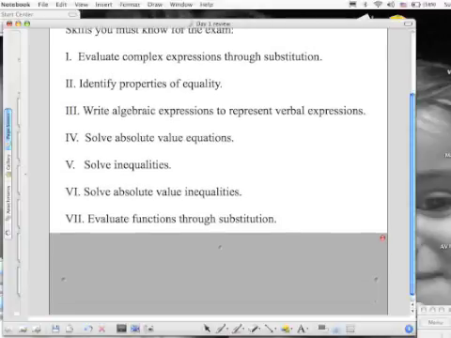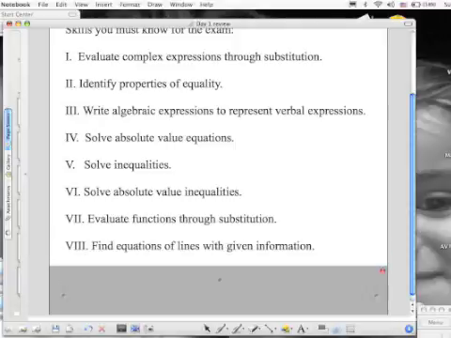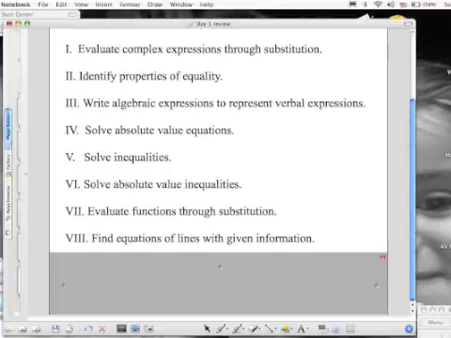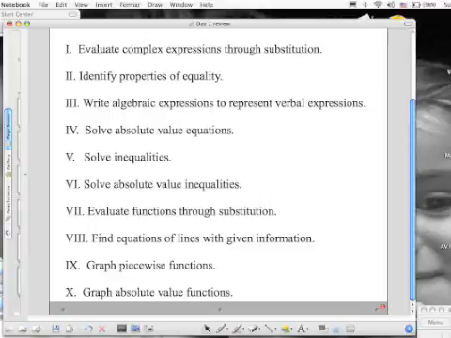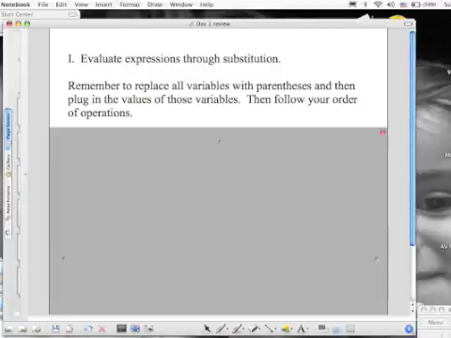If you recall, we had if g of x equals 2x plus 3, find the value of g of 5. Okay, we are going to go over that again. You will be asked to find the equations of lines with specific given information regarding slope and intercepts. You will be asked to graph piecewise functions and absolute value functions. Those are the 10 skills that you will need to know for Friday. So, get your thinking caps on and let's get started.